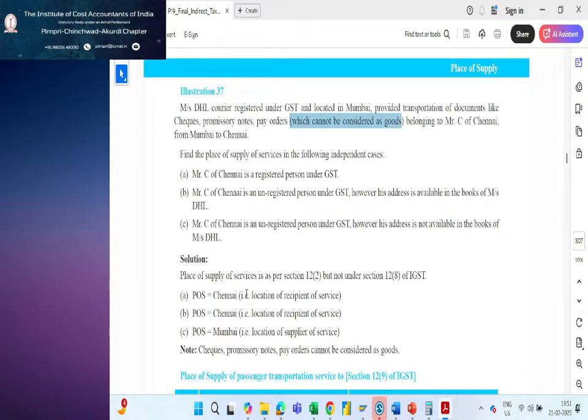They have mentioned the answer, but see the note below, these cannot be considered as goods.